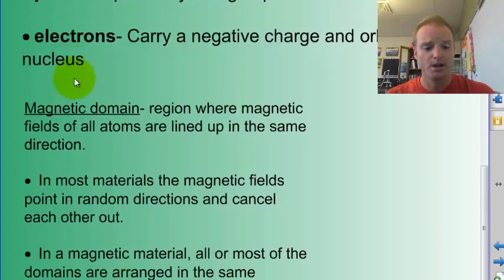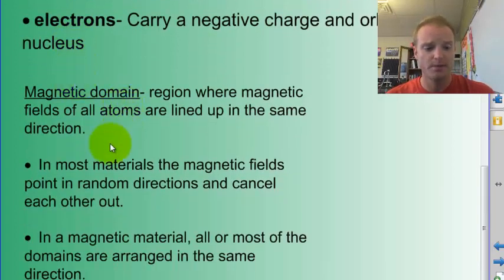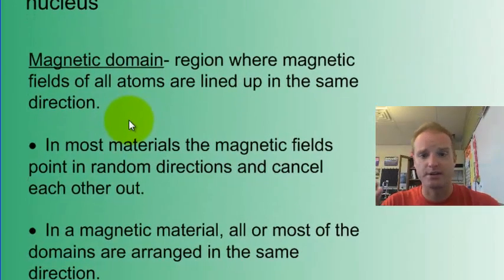So a magnetic domain, we have to think about, again, atoms. In any piece of metal, if you think of a bar magnet I used in class today, there's an infinite number of atoms in there. There's billions and billions of atoms of metal. And so a magnetic domain is a region where magnetic fields of all atoms are lined up.